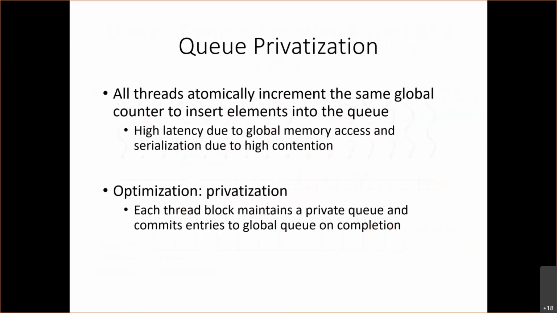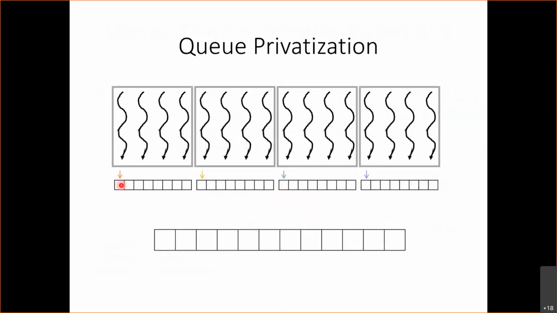Here, each thread block has its own private queue. We can put this queue in shared memory, by the way, to reduce the latency. We can even put the counter for this queue in shared memory, so the threads in each thread block are going to contend on this counter, but it's going to be in shared memory.